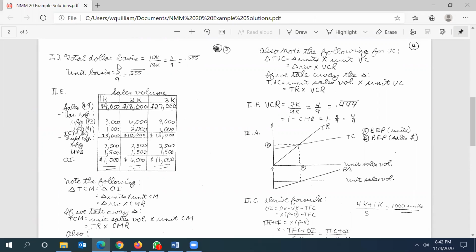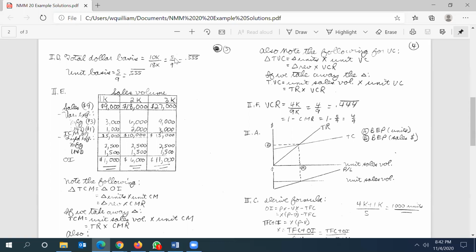And I look here at contribution margin. Well, on a total dollar basis, it would be $10,000 of total contribution margin divided by $18,000 of total sales revenue. Well, per unit, okay, our sales price is $9. That would be sales revenue per unit.